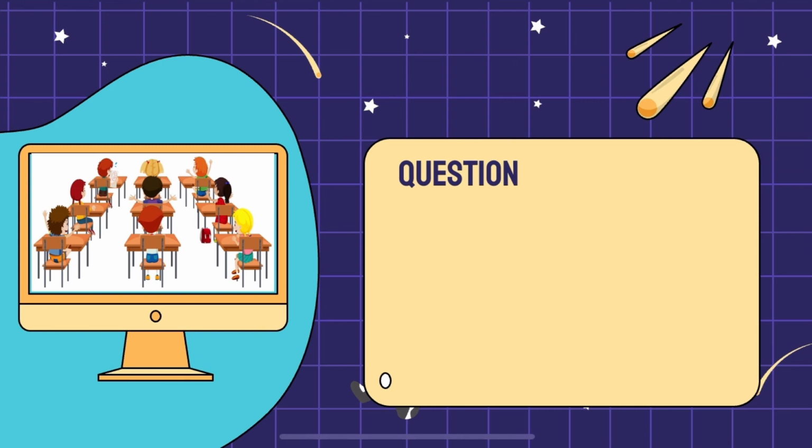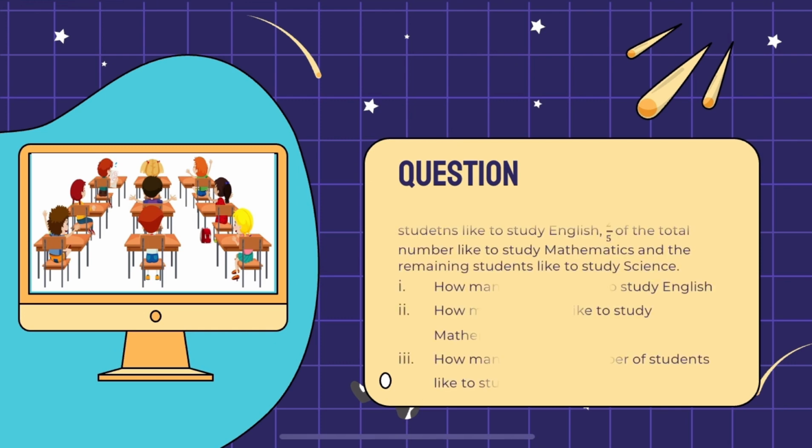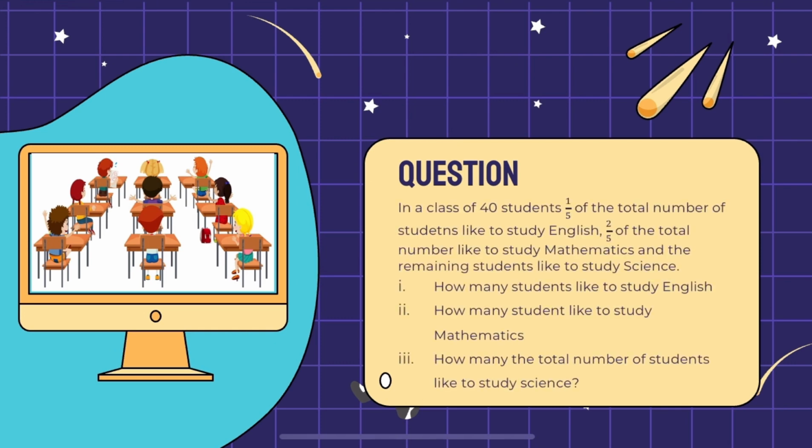Okay, before we end this study, I have one more question for us to solve together. The question is, in a class of 40 students, 1/5 of the total number of students like to study English. 2/5 of the total number like to study mathematics.